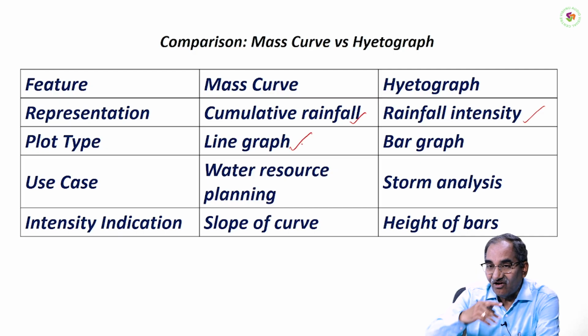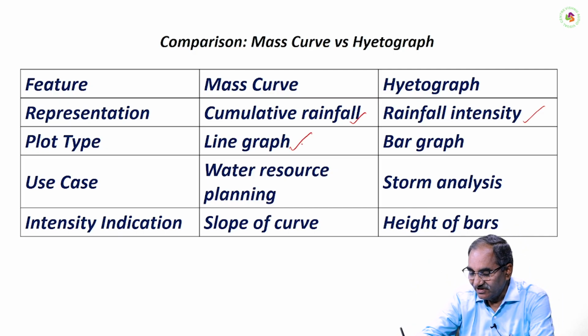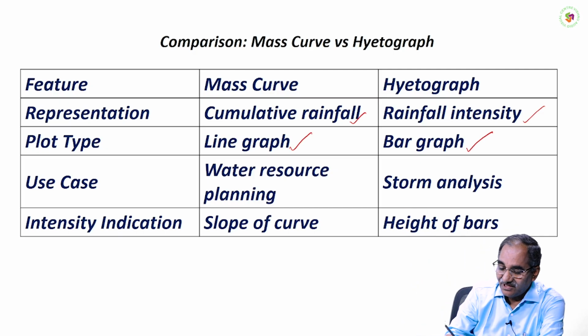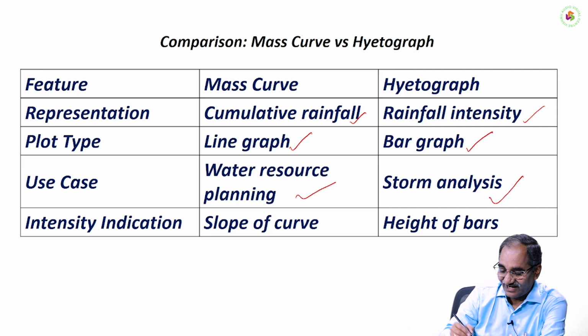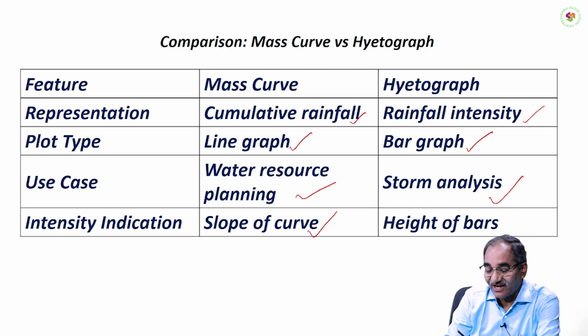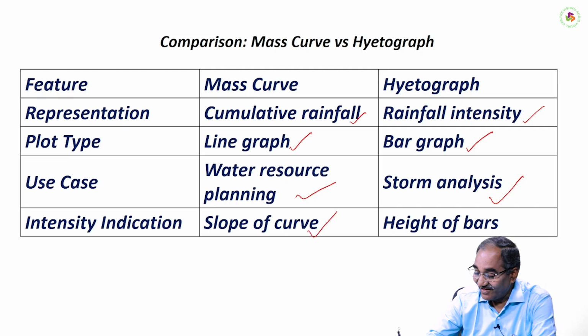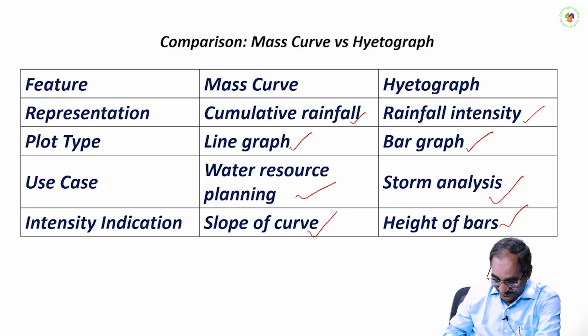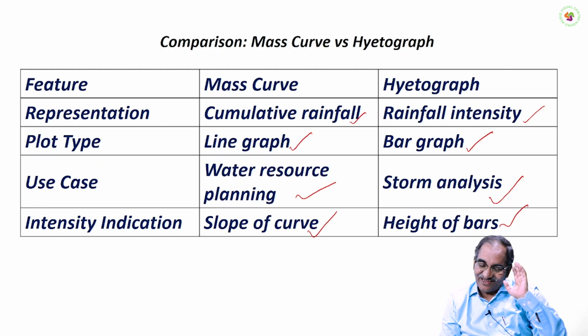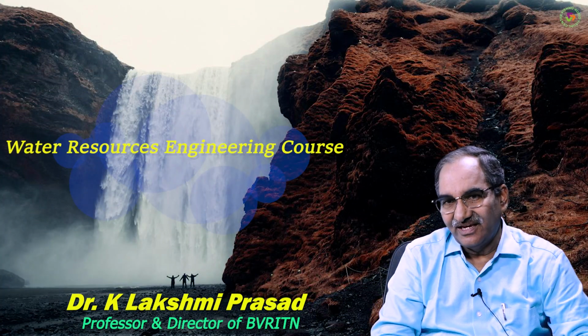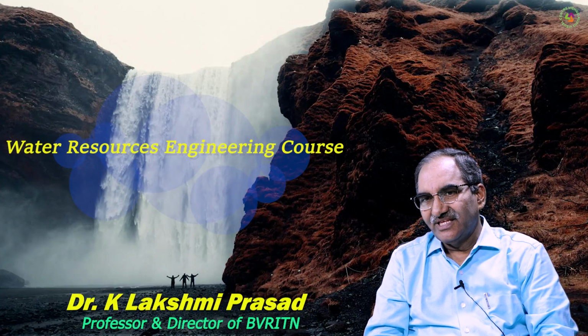The mass curve is a line graph, always a rising curve, whereas the hyetograph is a bar diagram. Normally in water resources planning we require the mass curve, whereas for storm analysis we require the hyetograph. The slope of the curve represents the intensity, whereas the height of the bar represents the intensity. If you know these four points, you know what a mass curve and a hyetograph are. That completes this lecture.